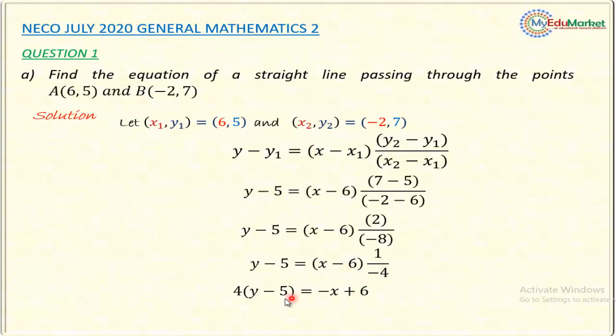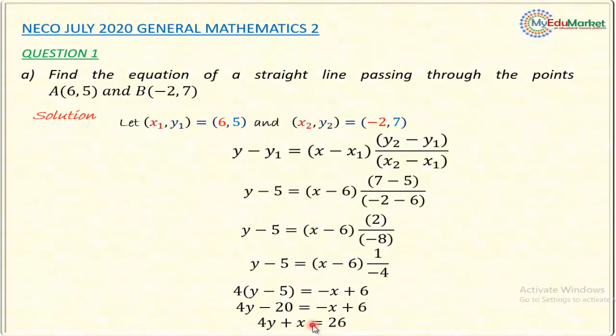So I continue. I'll expand this bracket. There I'm going to have 4y minus 20 equals minus x plus 6. So I will now collect those with x and y on one side. I'm going to have 4y plus x, with minus x shifted to the left hand side becoming positive x, and the minus 20 shifted to the right hand side becoming plus 20, and 20 plus 6 gives 26.